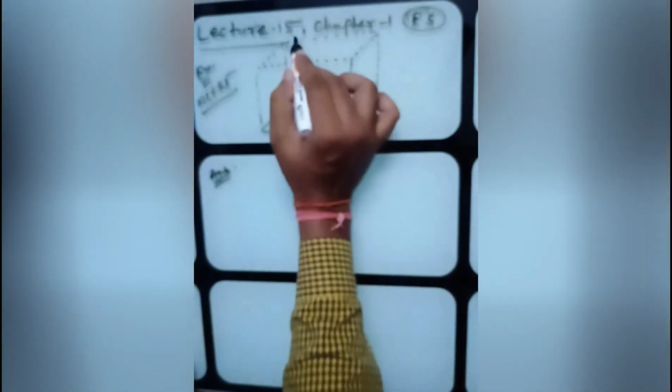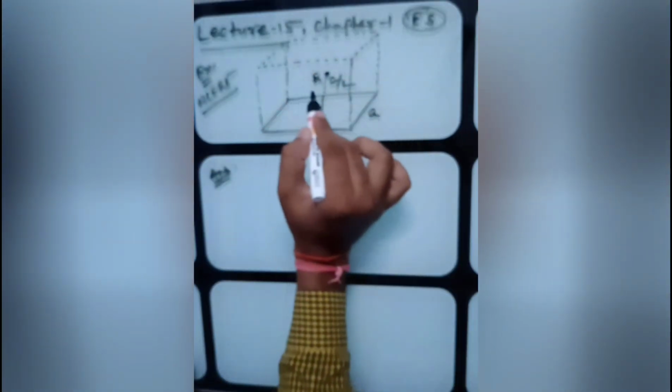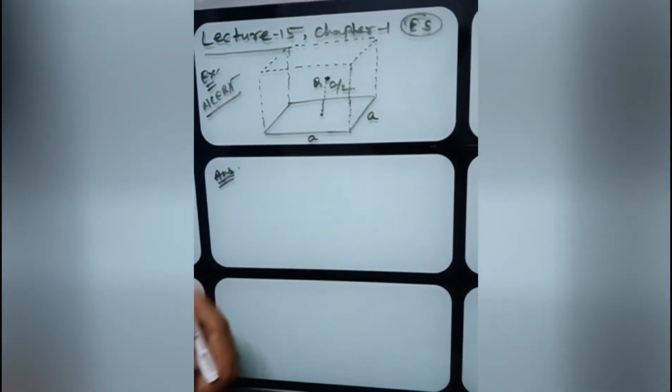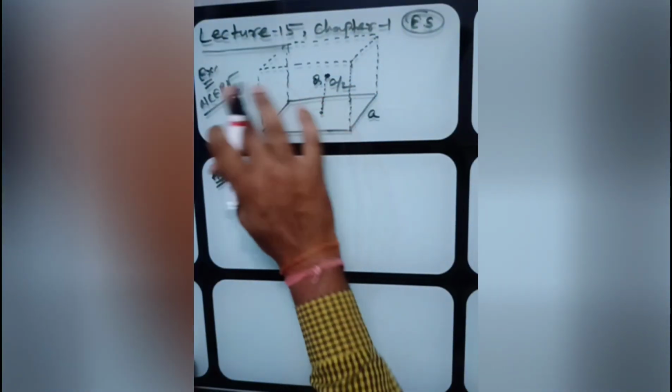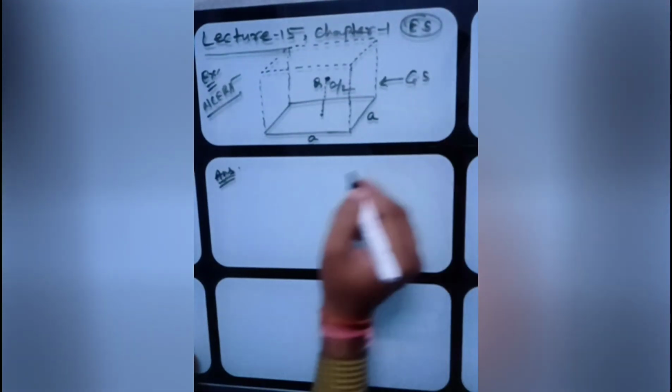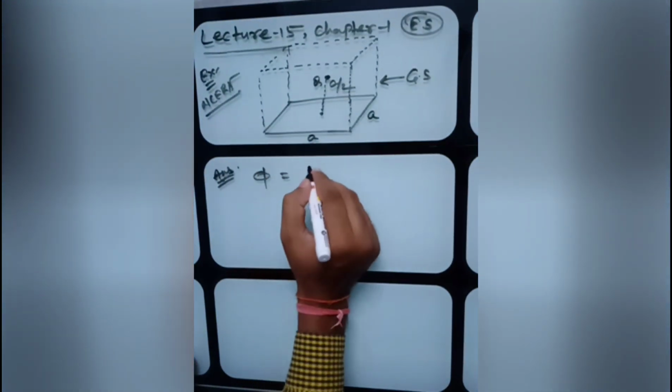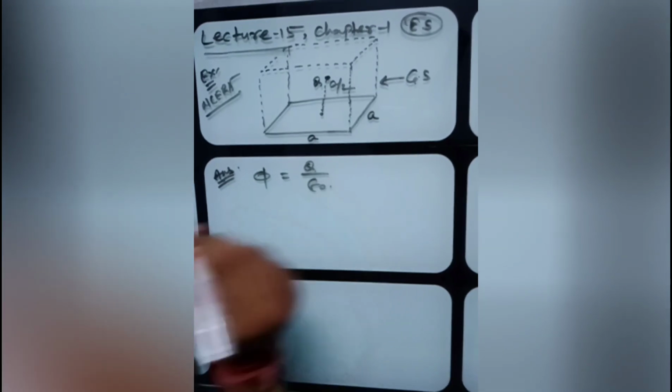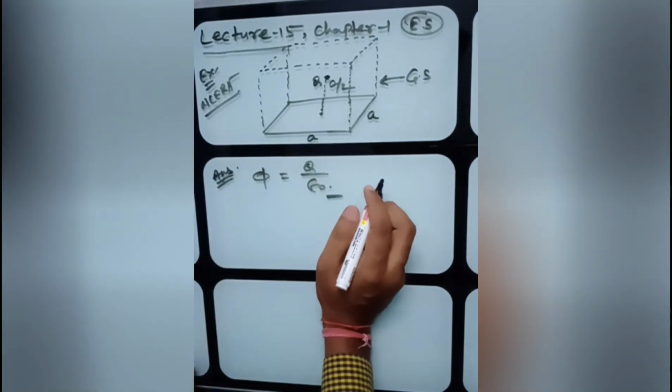Now I can apply the Gauss law because this charge is enclosed within the cube, and our new Gaussian surface is this one. The net flux will be how much? Q by epsilon naught. But this is not the answer actually.